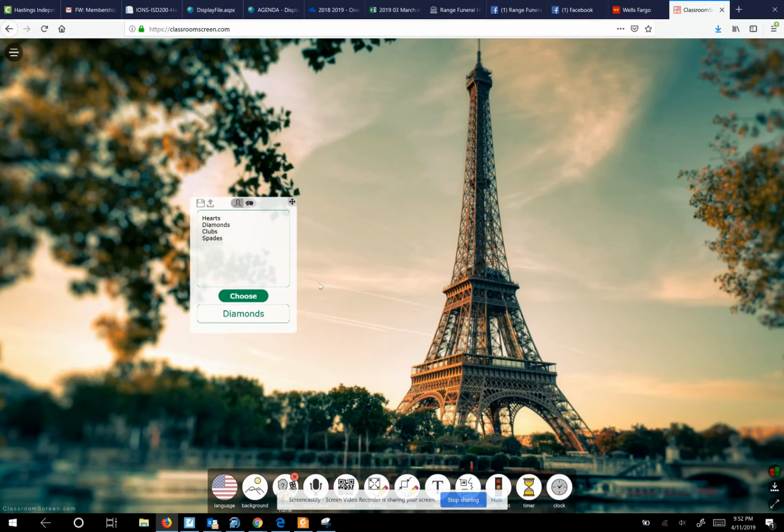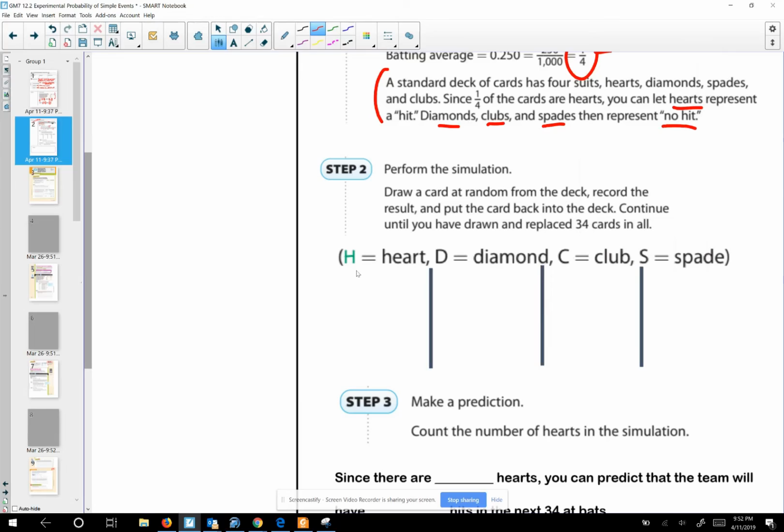diamonds. All right, so let's stop here for 1 second so I can keep track of where we're at. So right now, here's what you should have for tally marks. Under the hearts, we've got 5. Diamonds, we've got 7. Clubs, we've got 6.